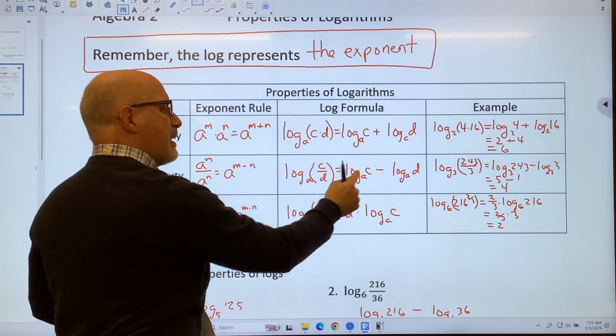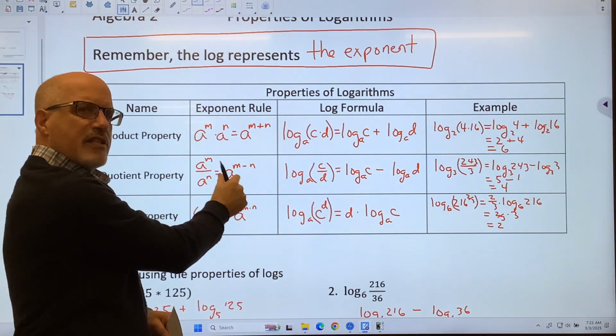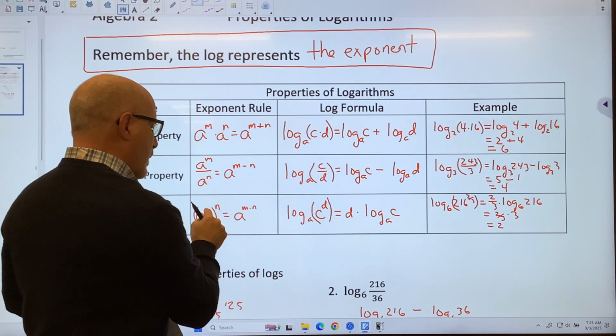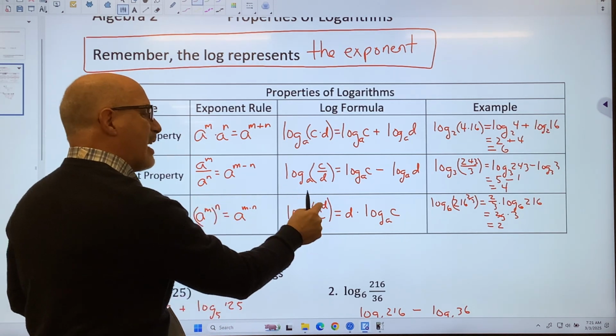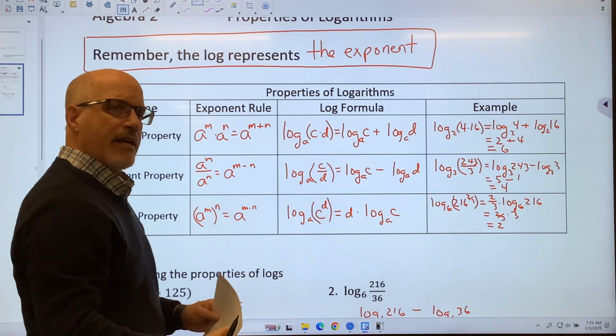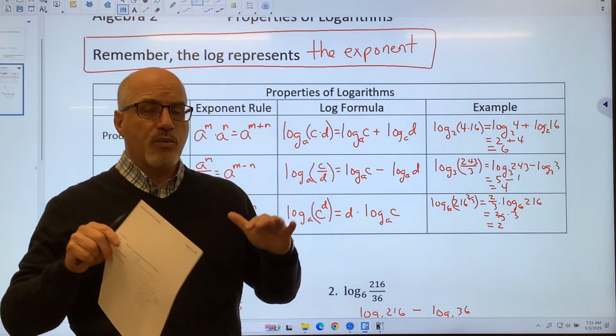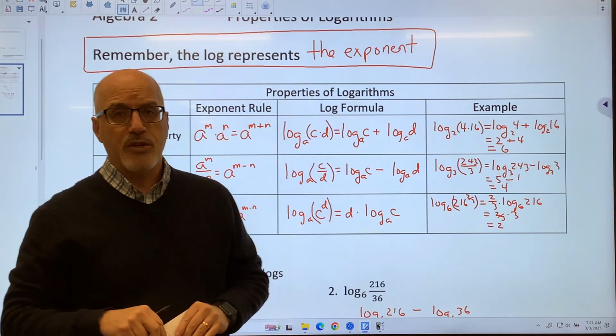Division becomes subtraction because of this exponent rule. And because we have multiplication here, when we have an exponent on the outside, I can bring that down and multiply on the outside.